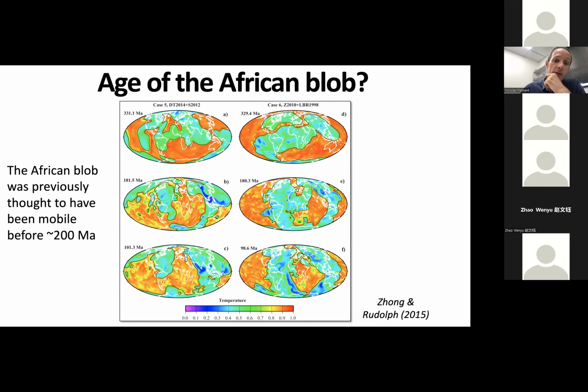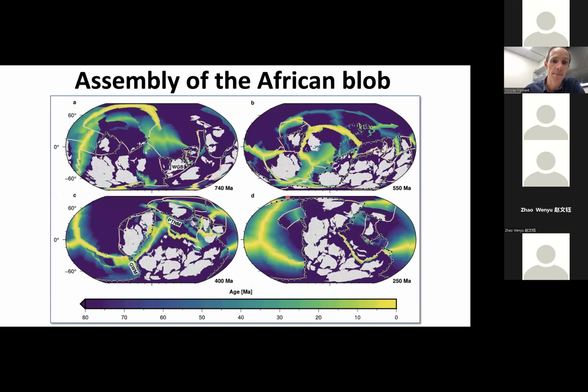The suggestion from these models was that by 200 million years ago, there seemed to be an African blob. The argument in Zhong and Rudolph was that before 200 million years there was some mobility, but in the last 200 million years there was not much mobility.